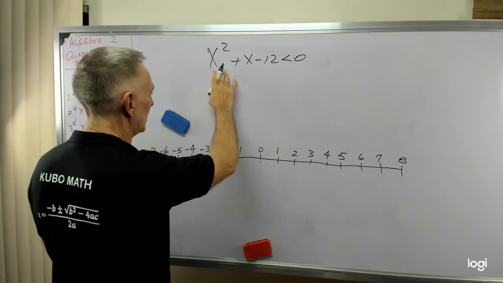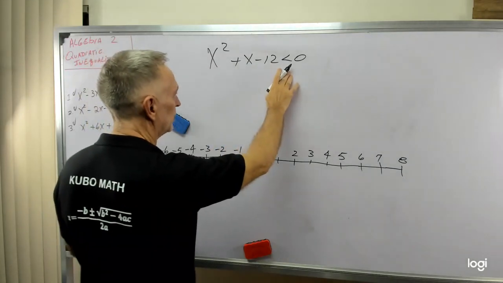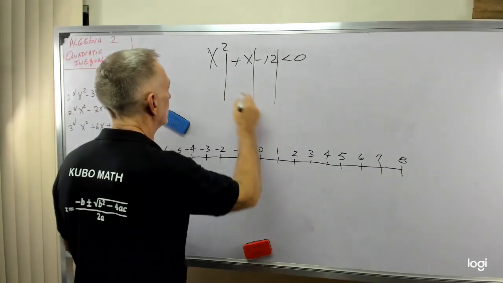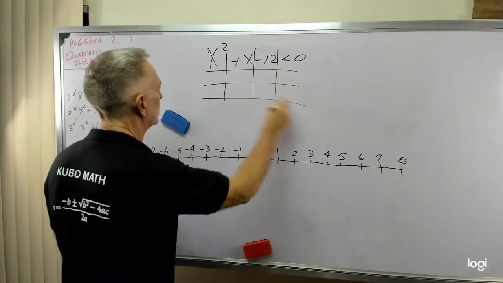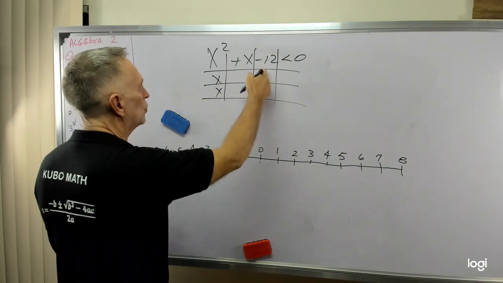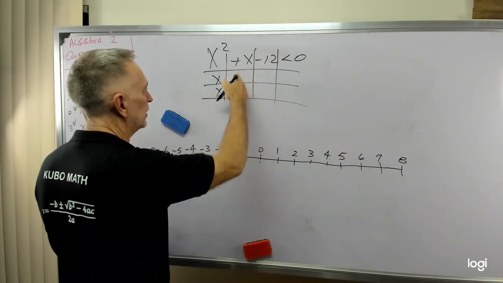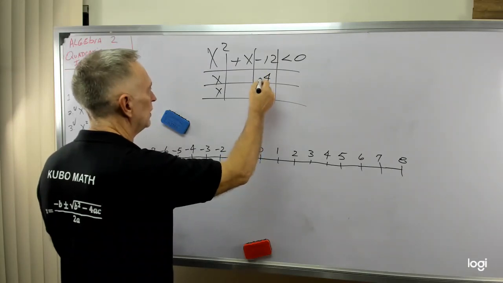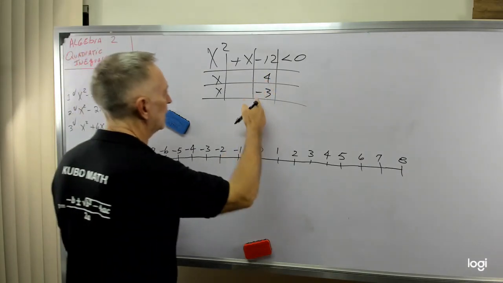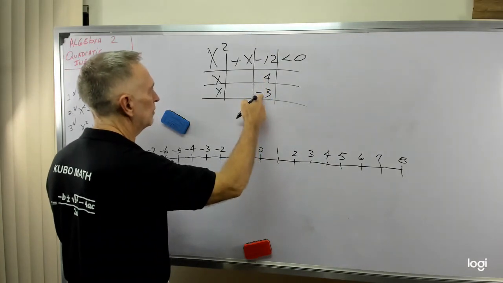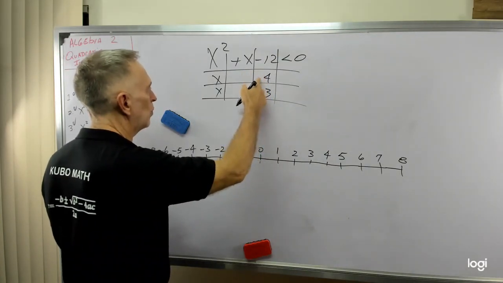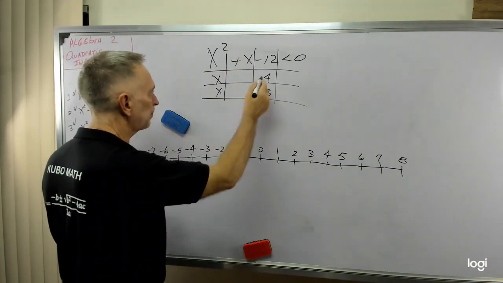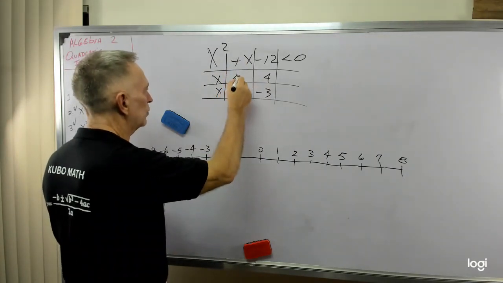So x to the second power plus x minus 12 is less than 0. All right, so we need factors of 12 that when I add them together give me a positive 1. So I have a 4 times 3 is 12. Positive 1, that would make that a -3. 4 times -3 gives me a -12. 4 plus a -3 gives me a positive 1. 4 times x is 4x.